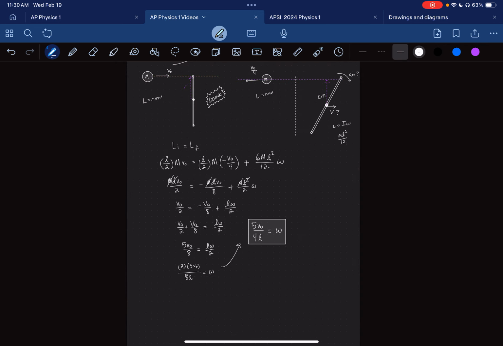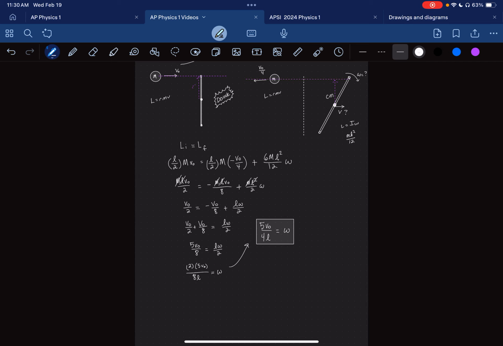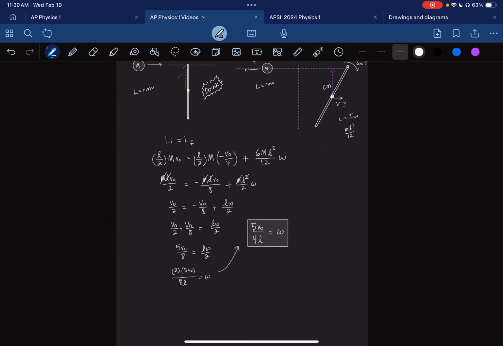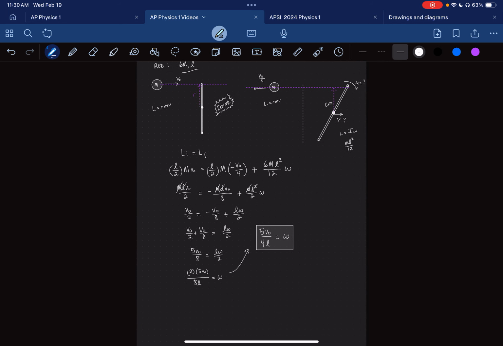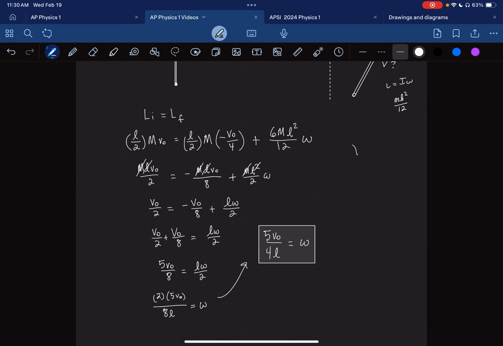Cool. So we found omega, and now we need to find v. You might be thinking there's a relationship we know, that v is equal to R omega. But I wrote this down specifically so we can cross this out.